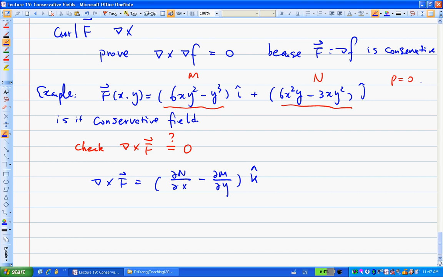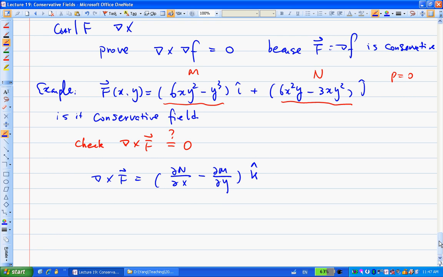But you also need to be careful. You could have a situation where there's a function of x, y, z but no k component. In that particular case, this is not true anymore, so go back to the original formula. Let's see, what is partial n over partial x?